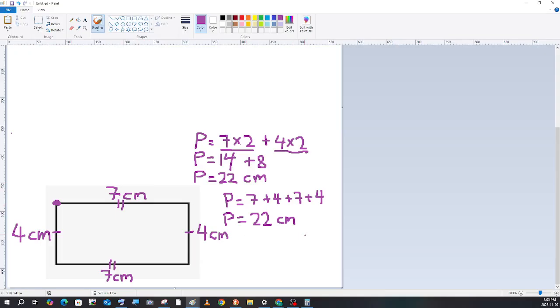All right, now area for a rectangle is a little bit different. To find the area, we have to take the length of the long side and then multiply it by the length of the short side. All right, so the area A works out to, in this case, 7 times 4, which works out to 28 centimeters squared.